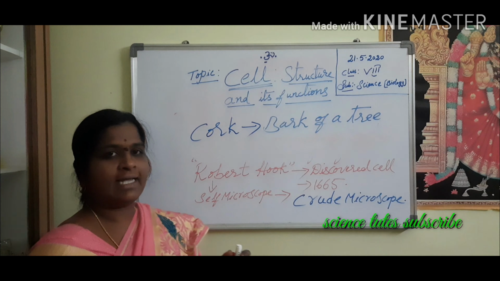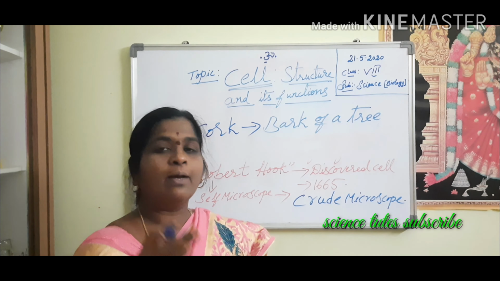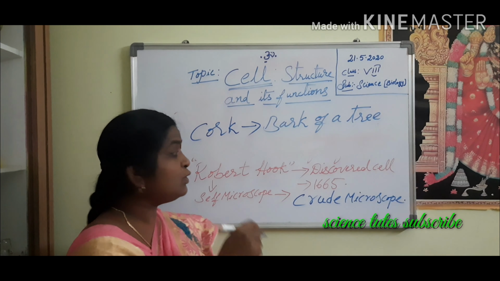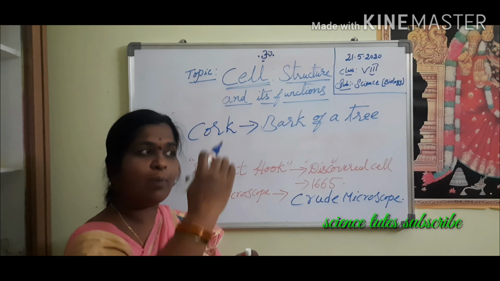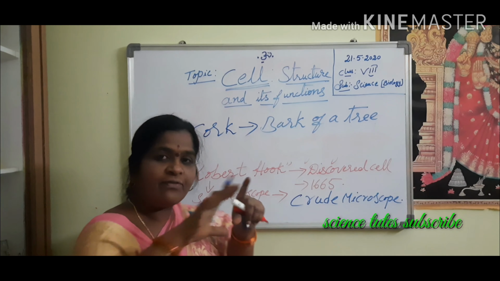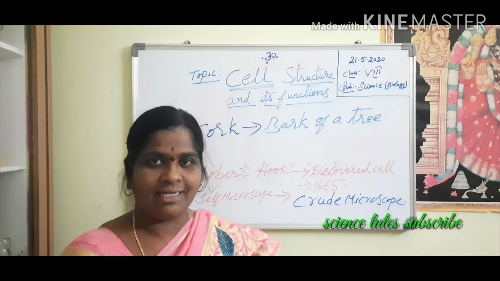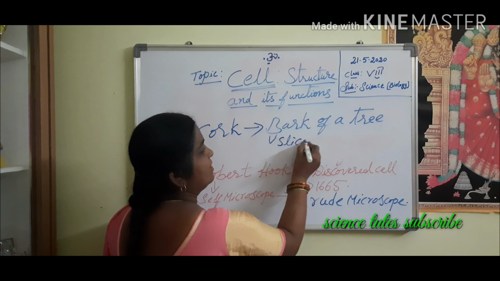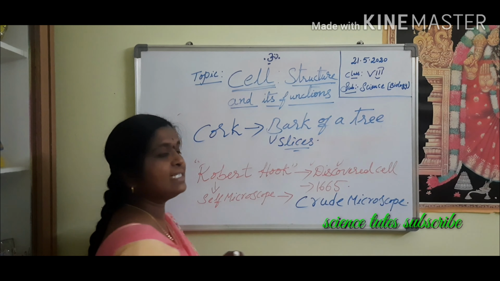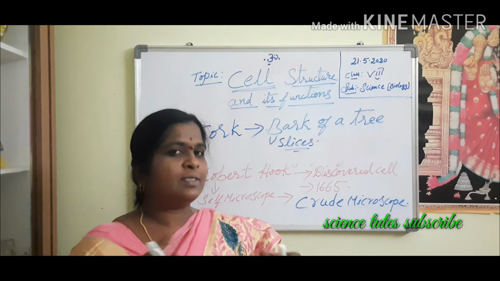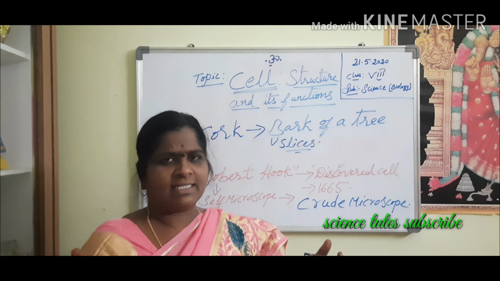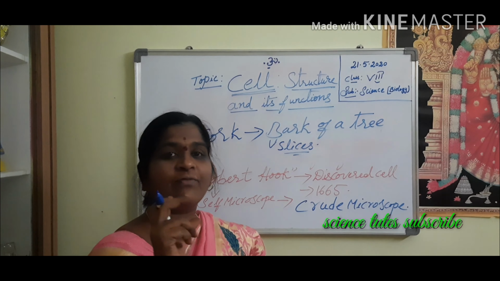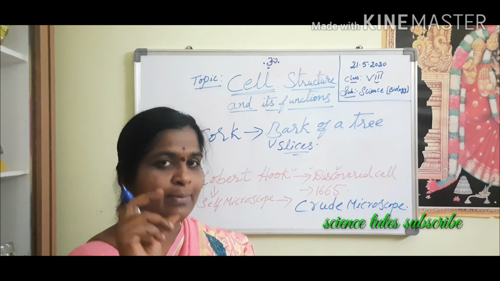In Telugu, for any plant you take beredu, that means stem. Robert Hooke took the bark of the tree and he divided it into slices. Slices means pieces. In bread, you will observe the pieces cut. That is nothing but a slice. You know very well about that one. So he took that slice of the bark of a tree, that is nothing but a cork.